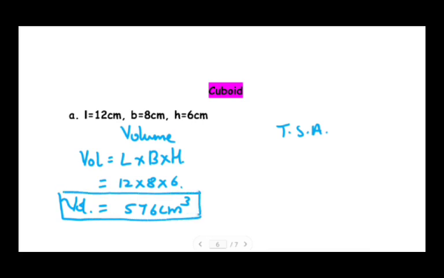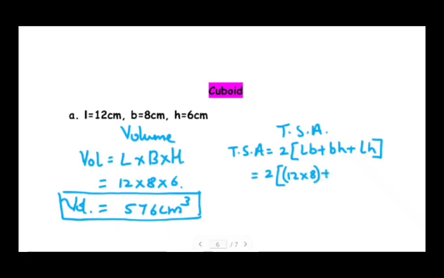What's my TSA formula? A little lengthy. TSA is equal to twice length into breadth plus breadth into height plus length into height. Twice, 12 into 8 plus 8 into 6 plus 12 into 6.